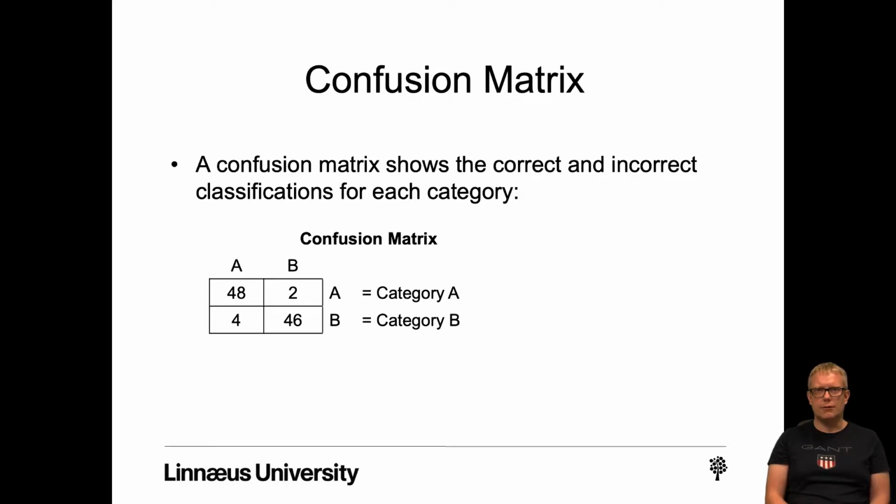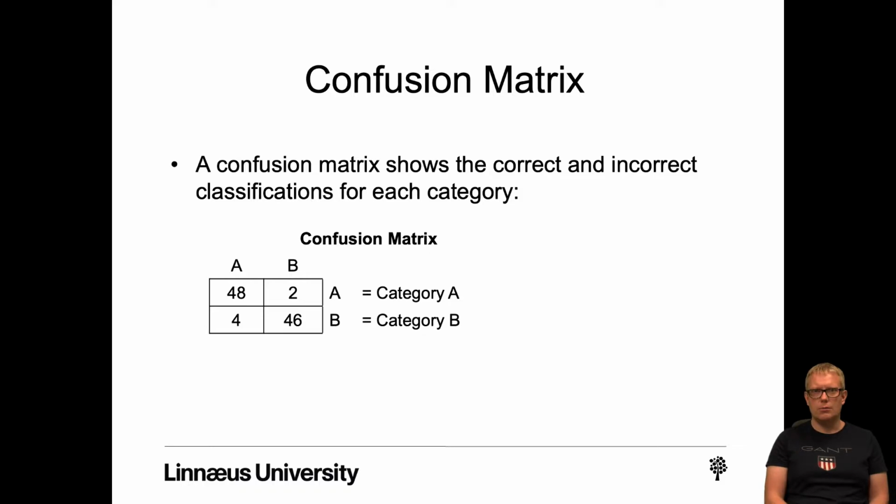If we take a look at the first row and the first column, we have 48, and it means that 48 of category A are correctly classified as category A. The second column, first row, means that 2 examples that should be A are misclassified as being B.